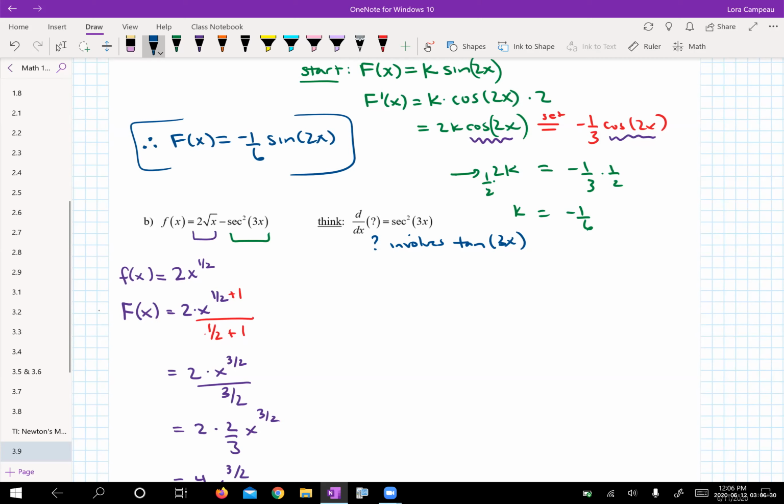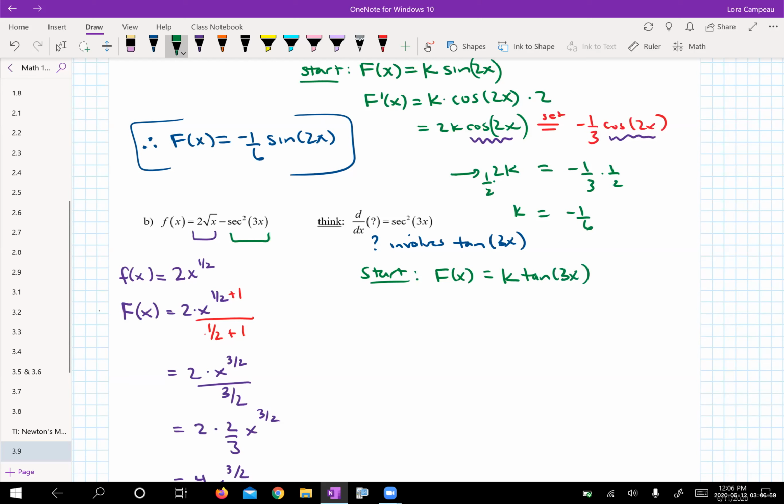So we can go with our starting part. Let's think about this. We're going to start off, and I'll combine the two functions later. We can say f of x equals k times tangent of 3x.